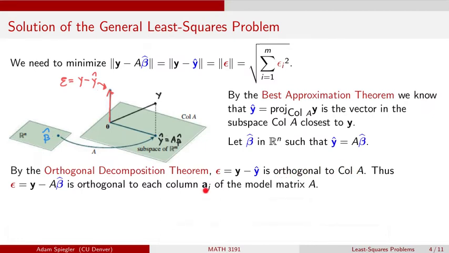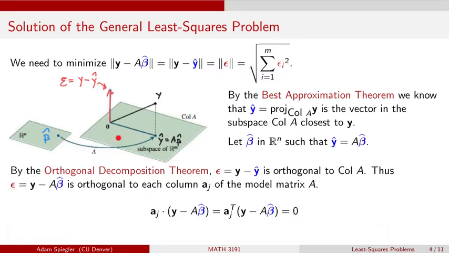So we're going to let bold a_j denote the jth column of that model matrix. And as a result of that orthogonality, each time I take a column vector a_j with the inner product with the error term, we are going to get 0.